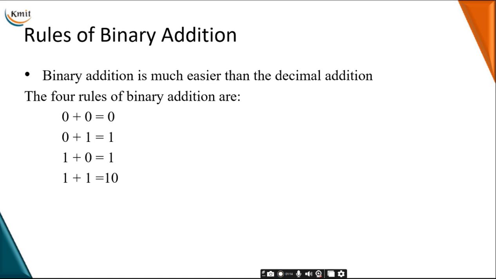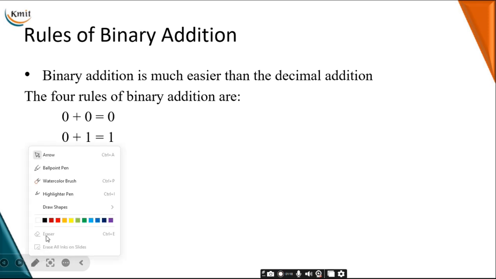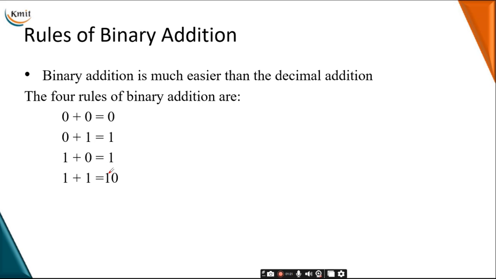Here it is a single bit addition, but the result has two bits. Out of those two bits, the most significant bit is considered as the carry, and the least significant bit is considered as the summation bit.